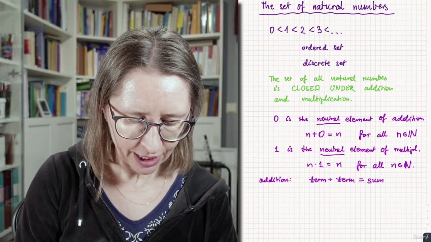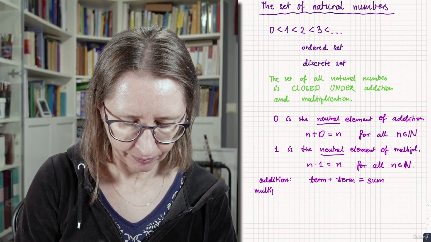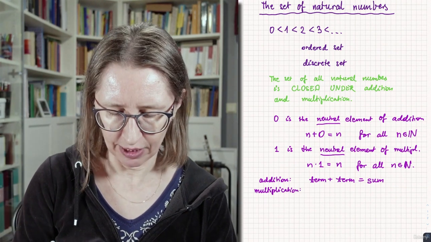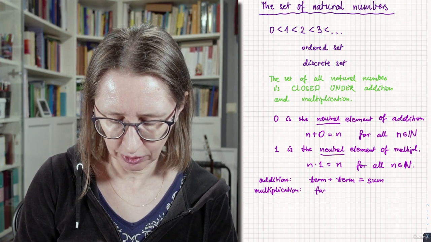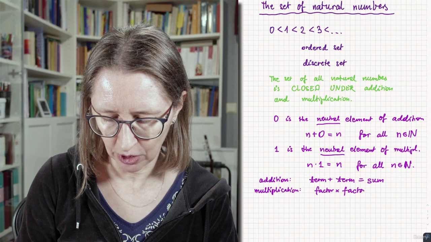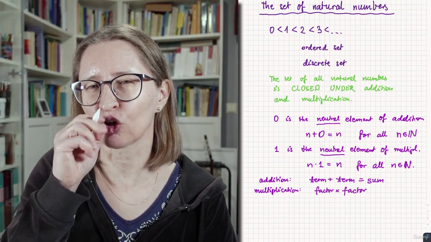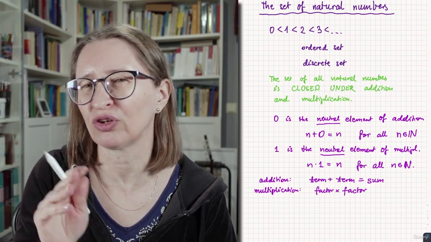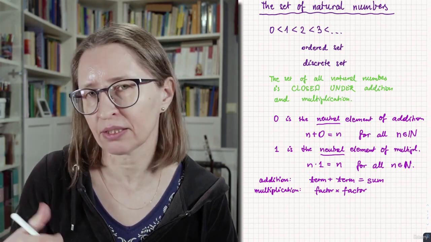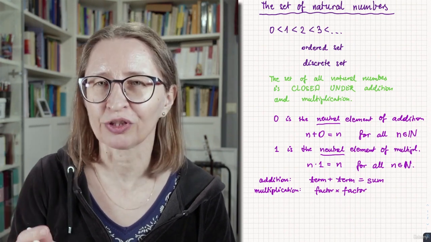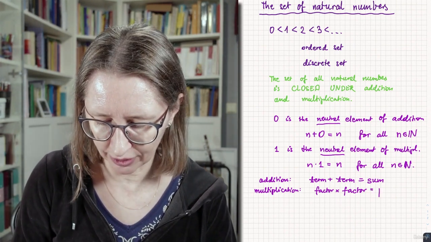And in multiplication, you have factor times factor. You see that I sometimes write a cross for multiplication, sometimes a dot. It doesn't matter, it's the same. Factor times factor is equal to product.